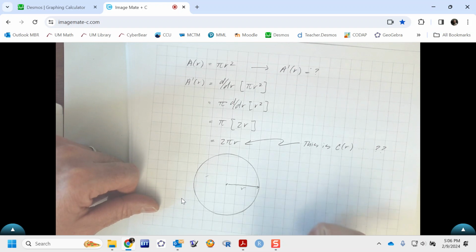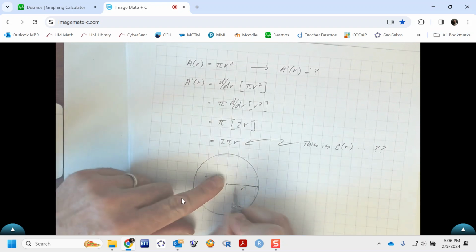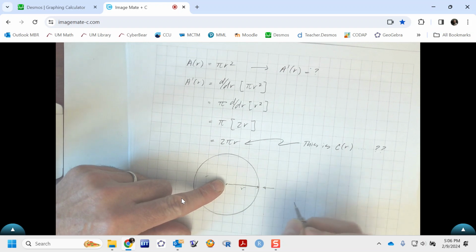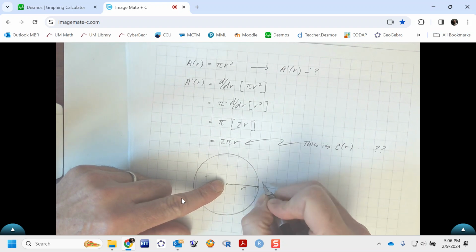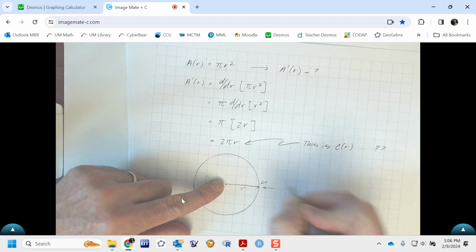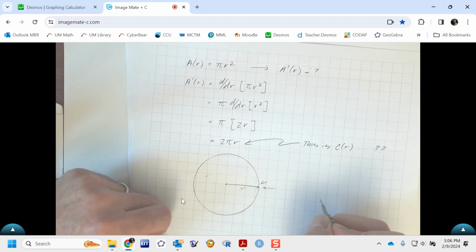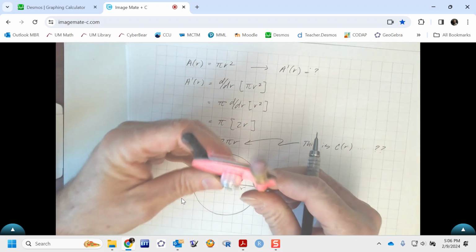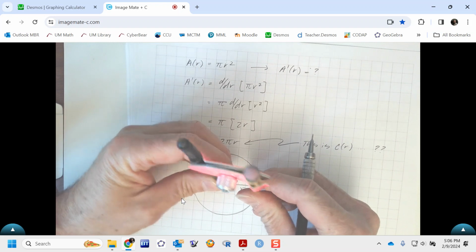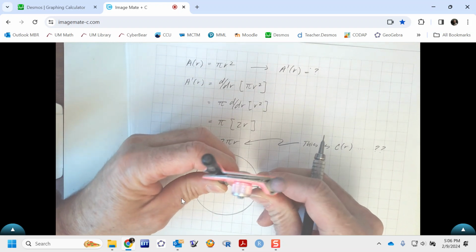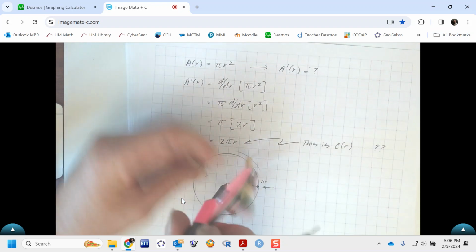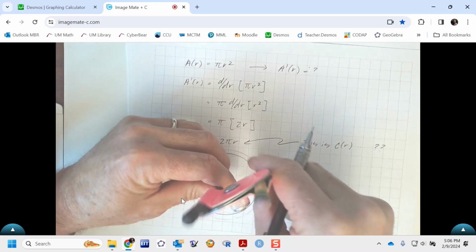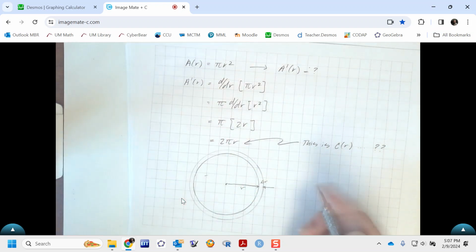One way you can think of it is that if I change the radius just a tiny bit, we'll call that little bit delta r. I've shown it in an expanded view. It would be much smaller if we think of infinitesimals. If I do that, then what I've done is I've added this portion to the area.